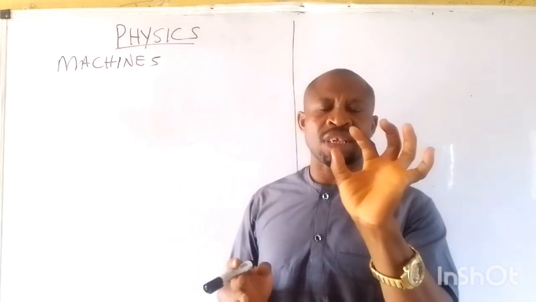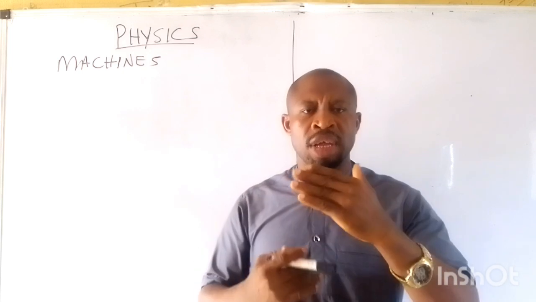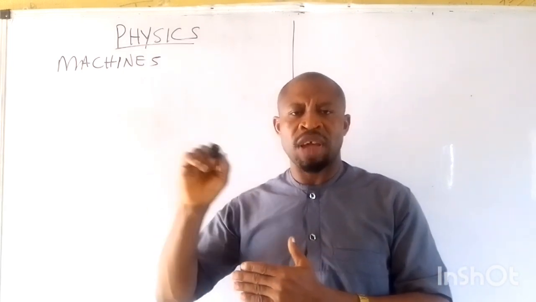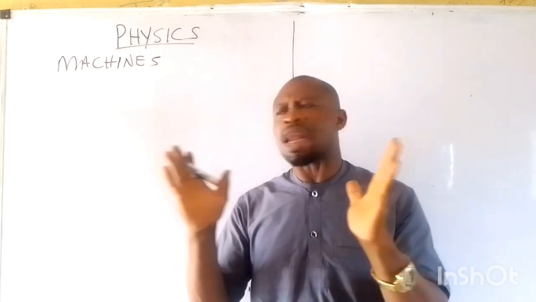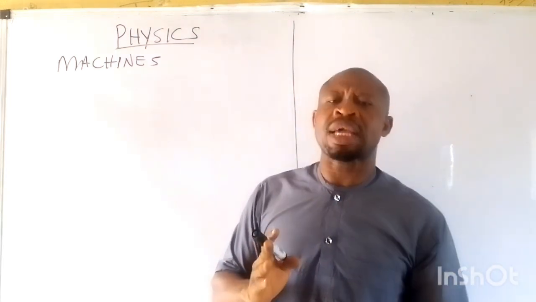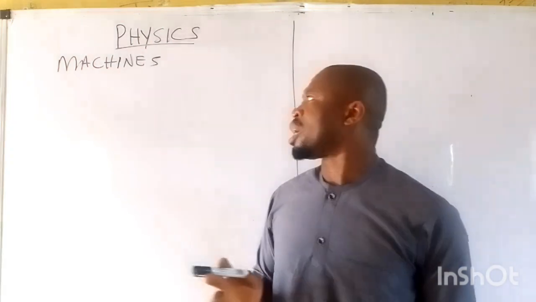Please follow me on the other lessons where I'll be dropping the different types of machine. The only difference between one machine and the other type is the velocity ratio. So let's take it up.